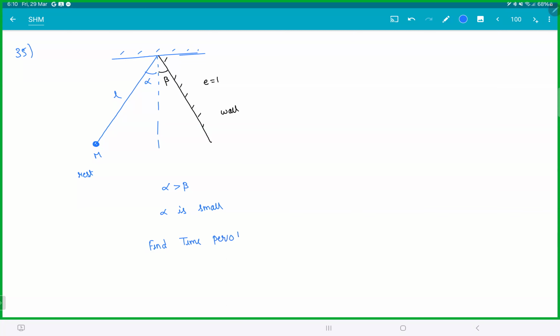This is just like that spring problem, remember, with a wall in front of it. So this guy will come here, hit the wall and bounce off. So this won't do a complete oscillation.